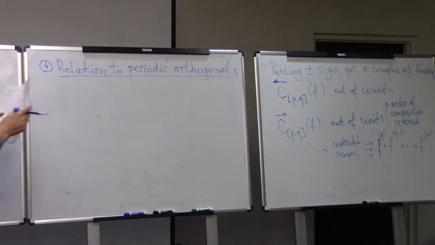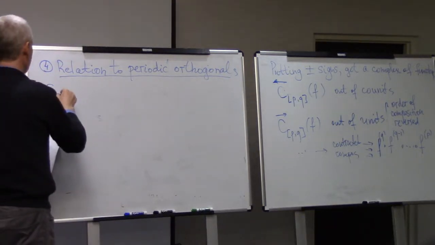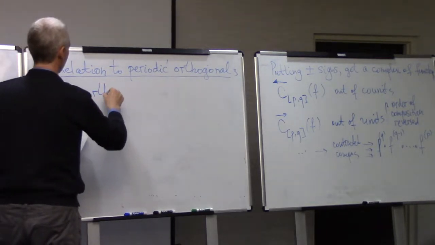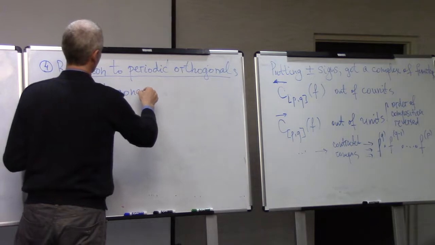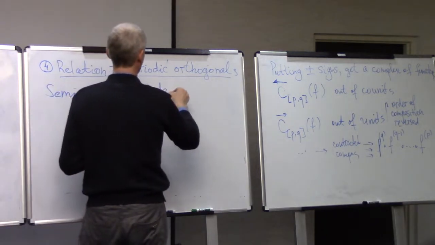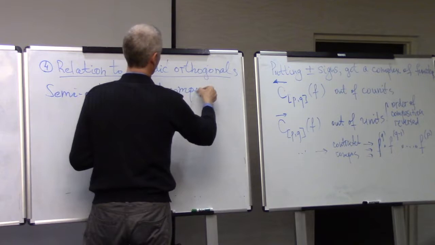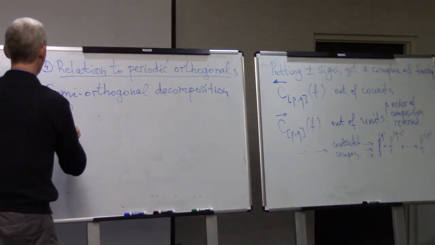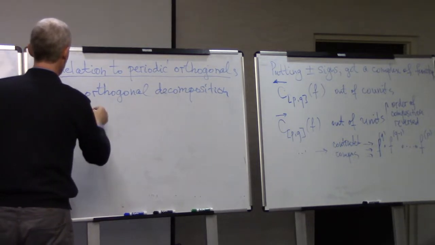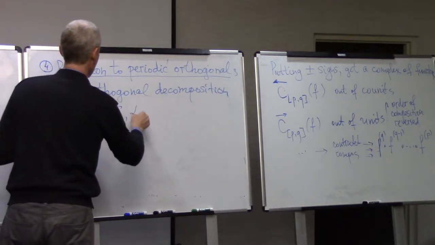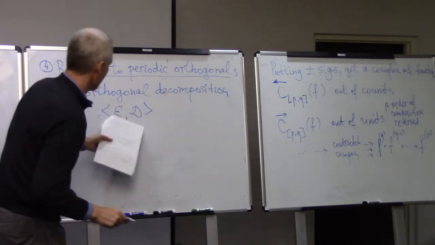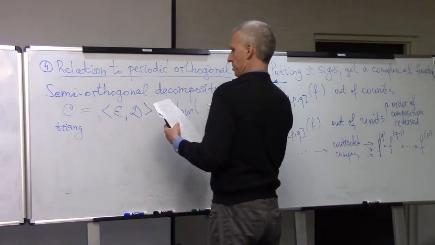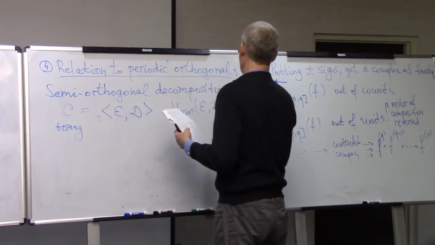So I recall the concept of a semi-orthogonal decomposition of a triangulated category. So I have a triangulated category C, and the notation is like this, E and D. So there are two triangulated subcategories for which Hom from E to D equals 0.